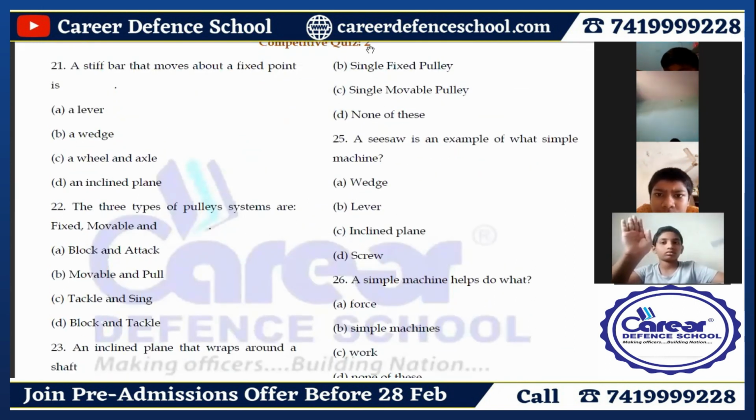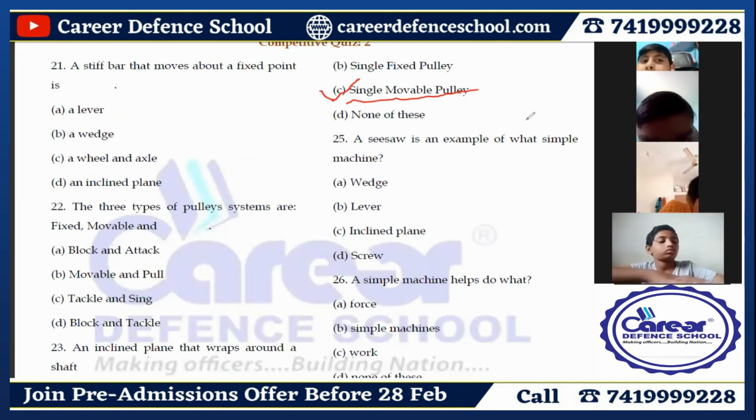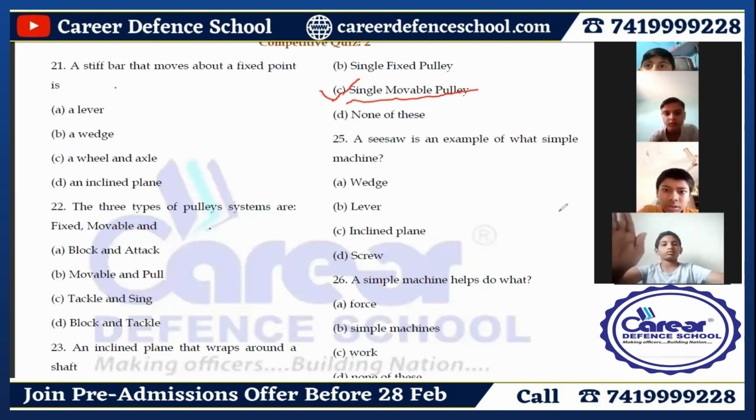Is it a single fixed pulley, a movable pulley, or none of these? Sanjay, can you tell me which pulley is smoother and makes our effort least? Ma'am, single movable pulley. Very good. The single movable pulley is the best type of pulley. So its answer is C. 24, C is the answer.